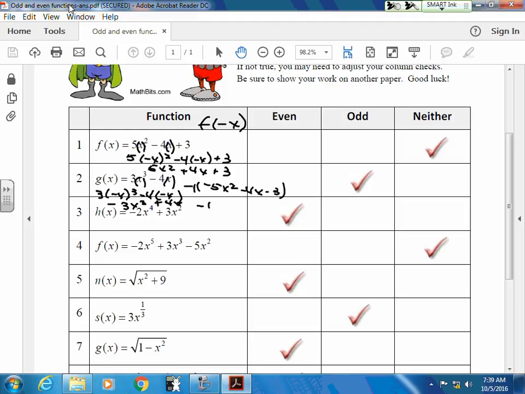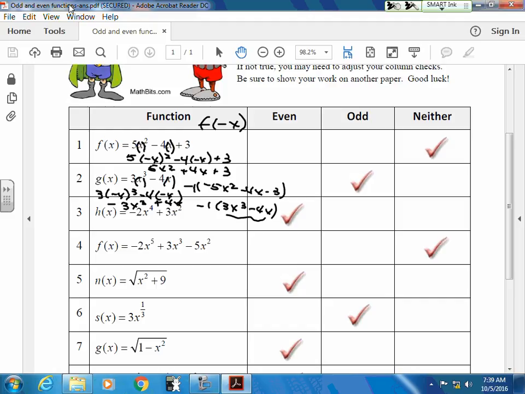So if I pull out the negative, watch what happens. Isn't that the same as the original? Isn't this one over here all the opposite signs? You can do it that way too. If it has all the opposite signs, or you can pull out a -1 and have it be the original function, then it's odd. If you graph it, it has symmetry through the origin.